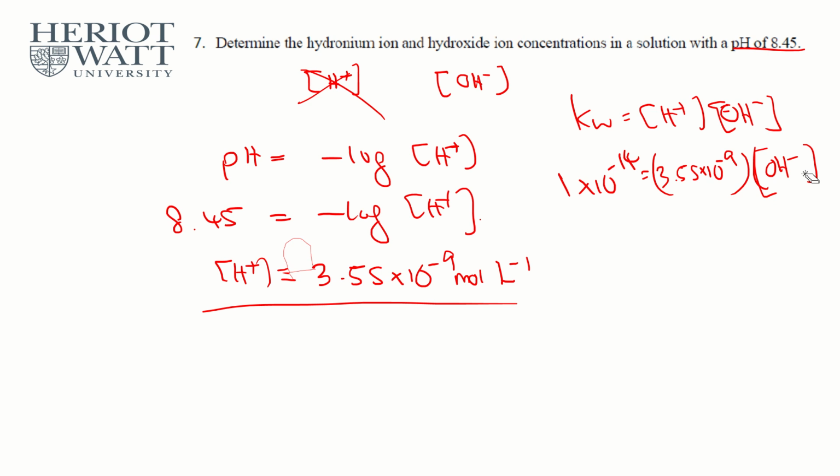Let's do this again. See? Sorry, my mistake. That happened in exam, right? So the concentration of OH minus here is 2.82 times 10 to the power of negative 6.